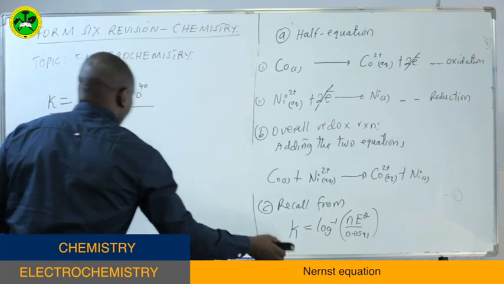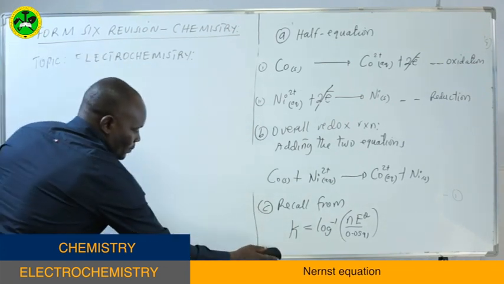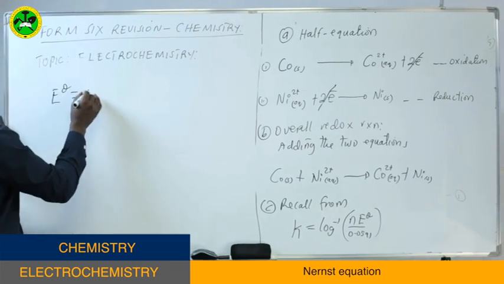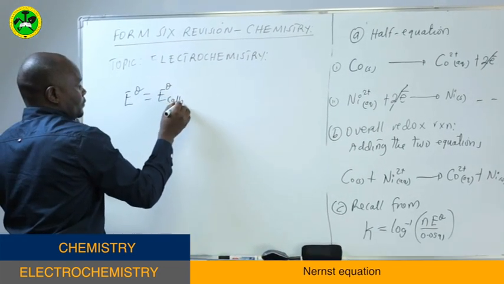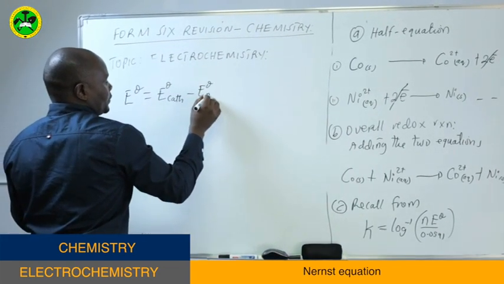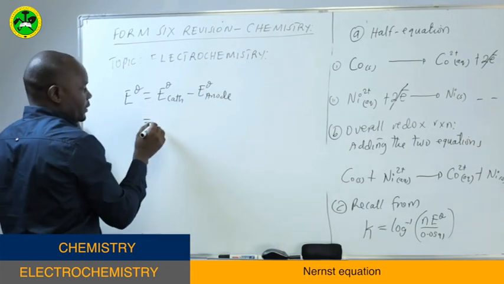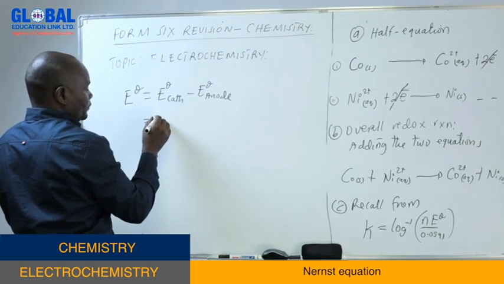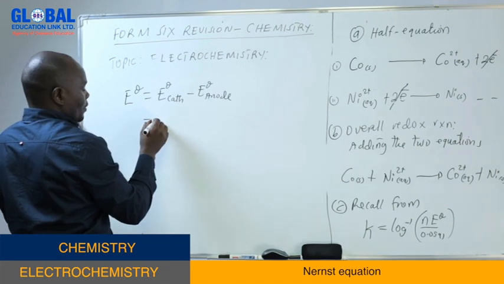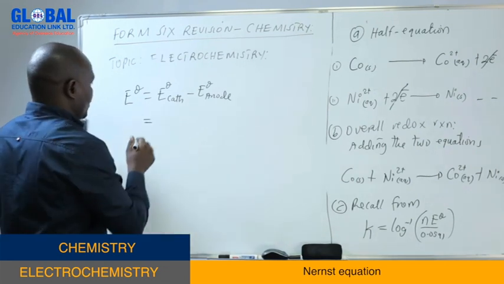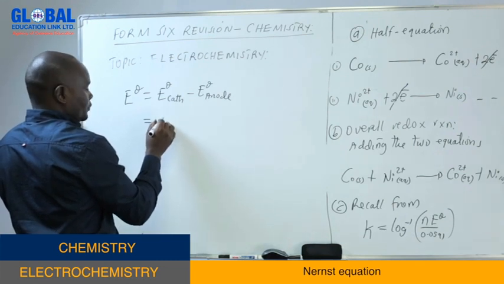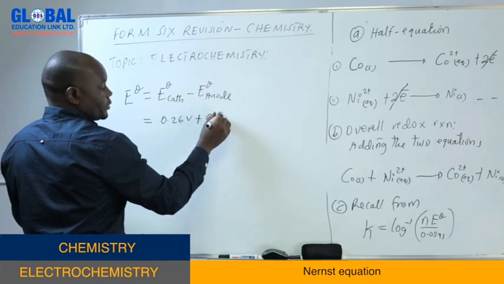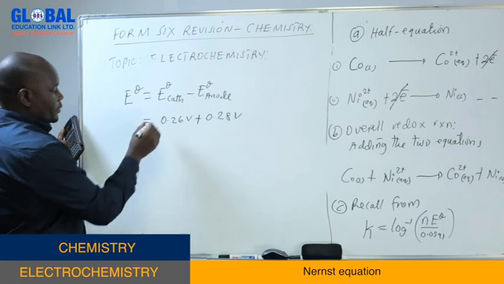So the standard electrode potential is equal to E cathode minus E anode. The cathode is nickel at negative 0.26 volt, minus, which will be plus now, 0.28 volts. So this is negative.